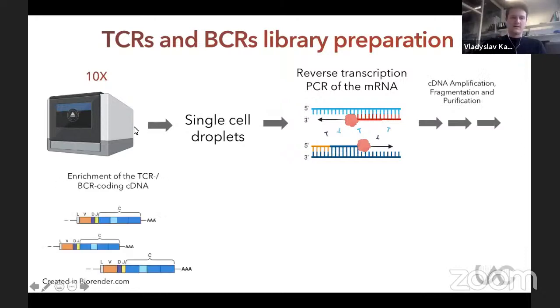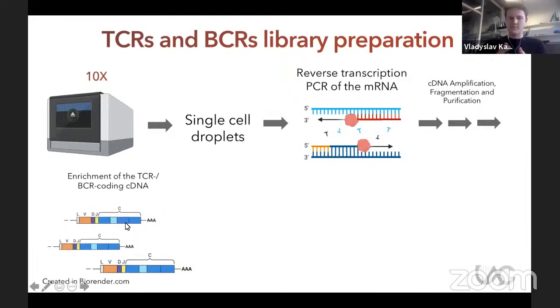When we build specific primers that may target only the sequences of the messenger RNA that was converted into cDNA that are coding only for the TCRs and BCRs, you may enrich your cDNA with the help of these primers to get only the information about the T cell and B cell receptors.